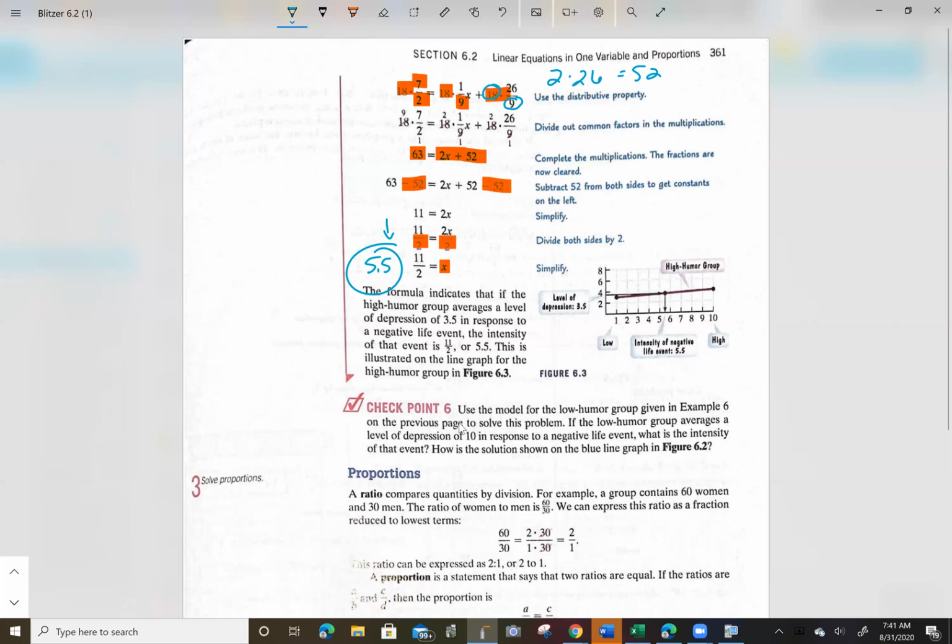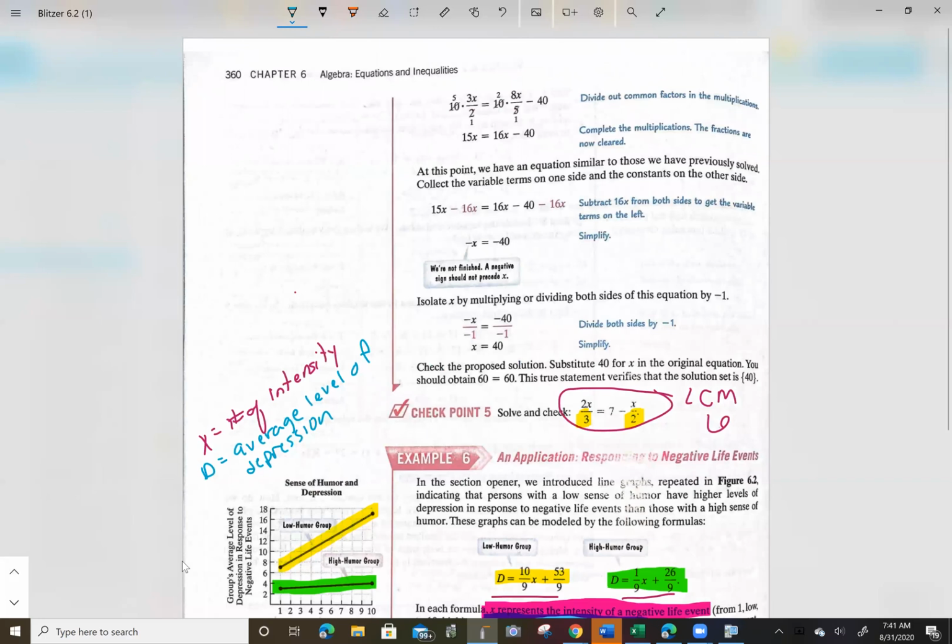Okay? In the checkpoint that I want you to do now, it says use the model for the low humor group, which is what they mean by model is they mean the equation. So actually, let's go find it.